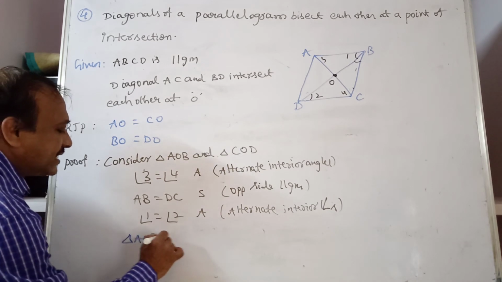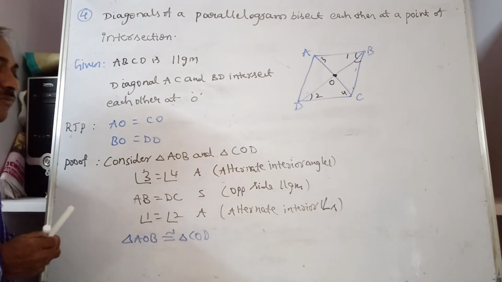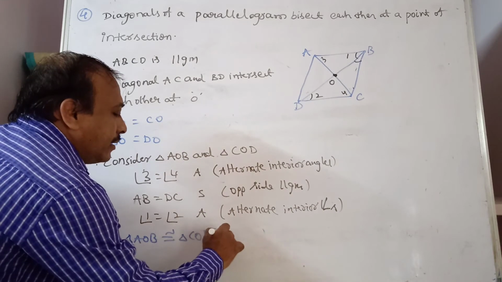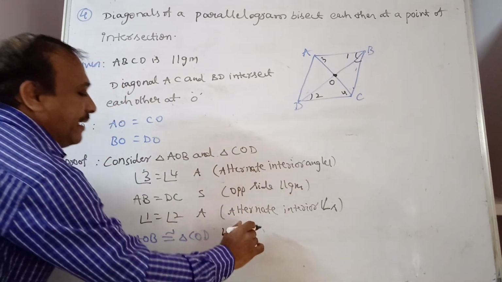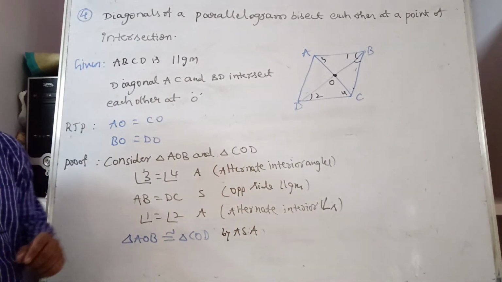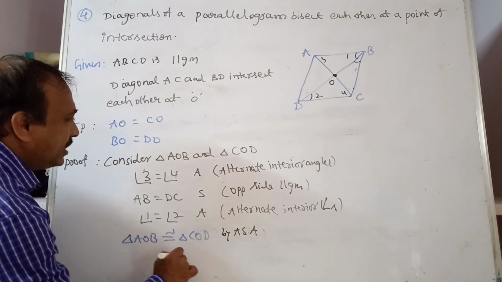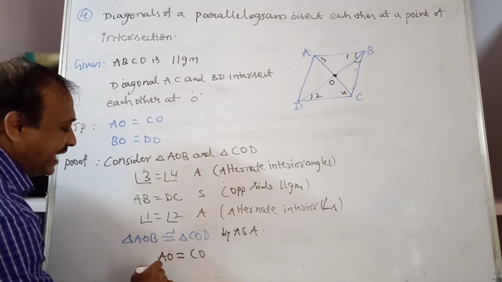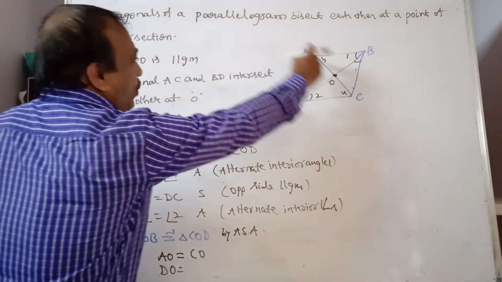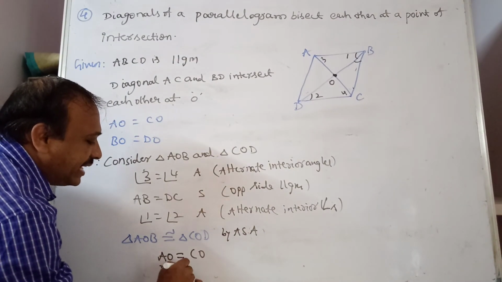Triangle AOB is congruent to triangle COD by which criteria? By the ASA criteria. Once the triangles are congruent, their corresponding parts are equal. That is, AO is equal to CO and BO is equal to DO.